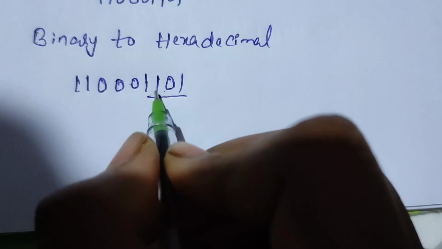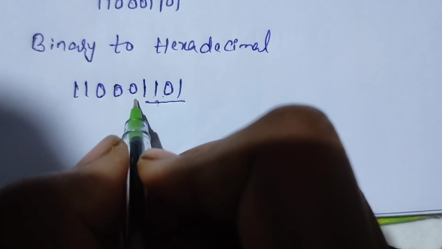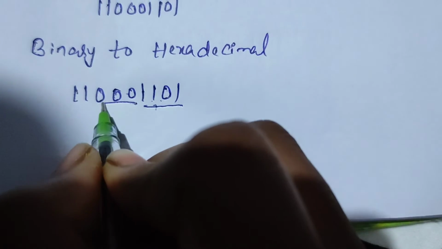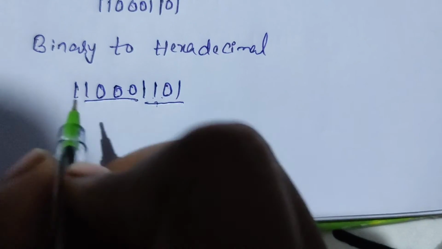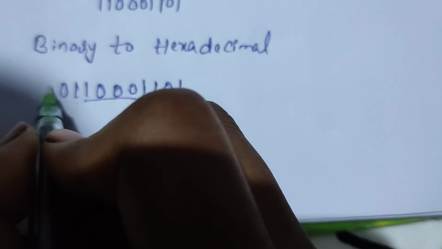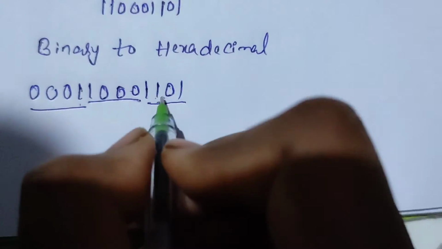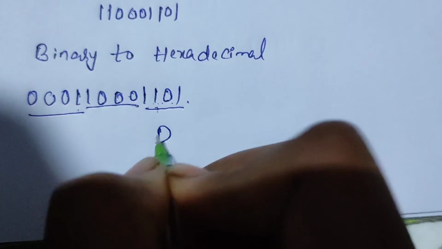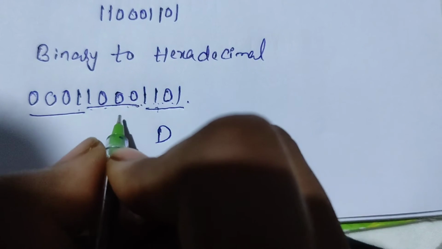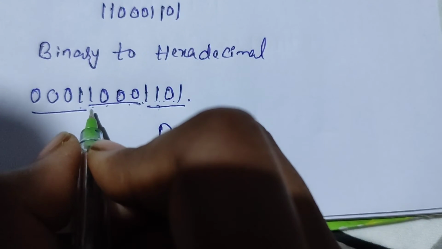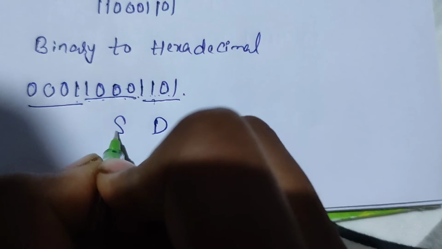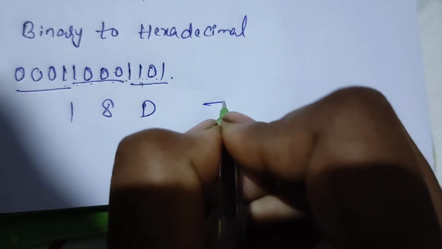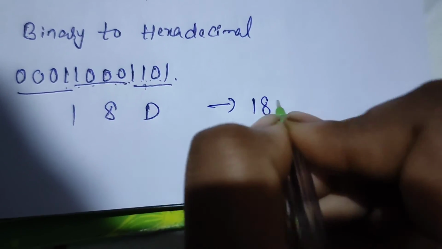So 1101 is grouped as one group, and 0001, and 1 is left. You can proceed with 3 zeros to make it a group. So this is one group. So 1101 is 13, which is nothing but D. 0001 means 2 power 3 is nothing but 8, and this is 1. So the equivalent hexadecimal is 18D.